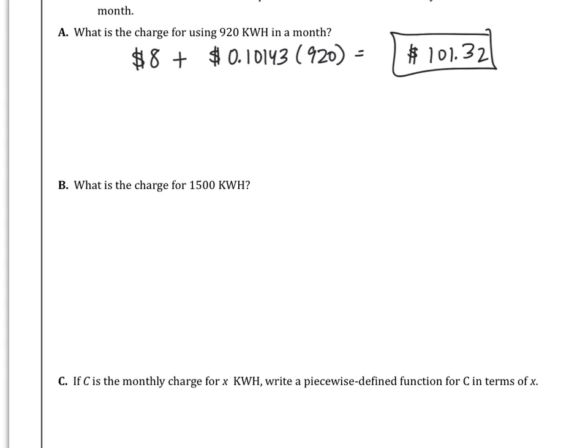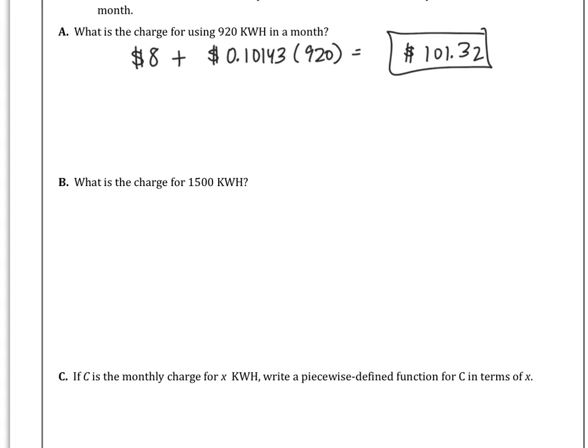Okay, but if it was 1,500, then that one's a little bit more complicated to figure out, because remember, you get two different charges for over 1,000 and under 1,000. So you're going to have $8 for the monthly charge plus 0.10143, and that's for the first 1,000, right?